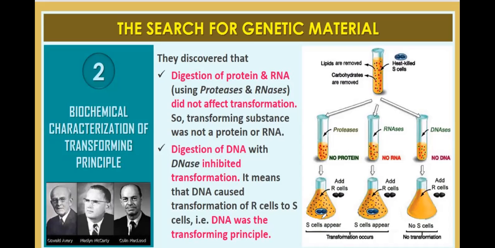Who is transforming? DNA is transforming. When there was no DNA, there was no transformation. So ultimately it was proved that the transforming principle was DNA. Here, DNA is transforming, neither protein nor RNA. But once DNA is removed, there is no transformation.